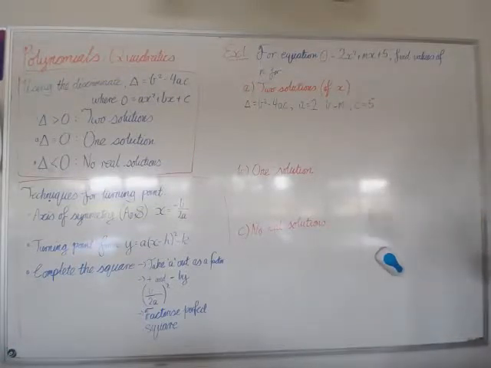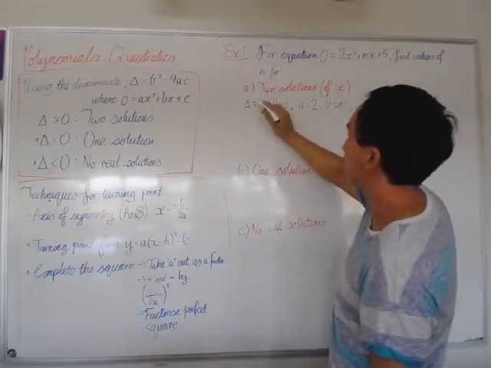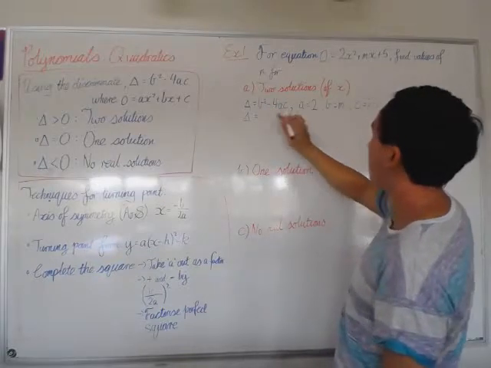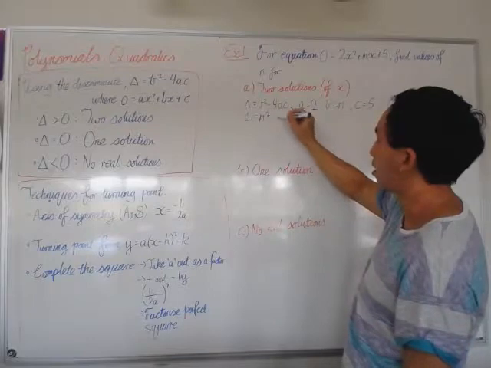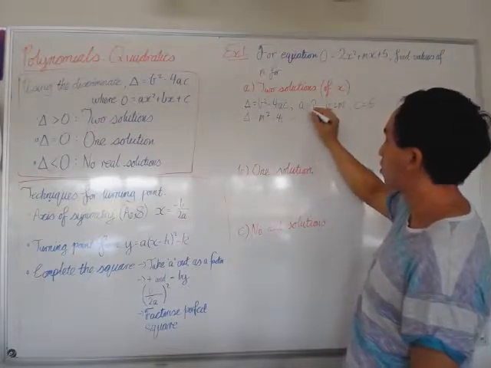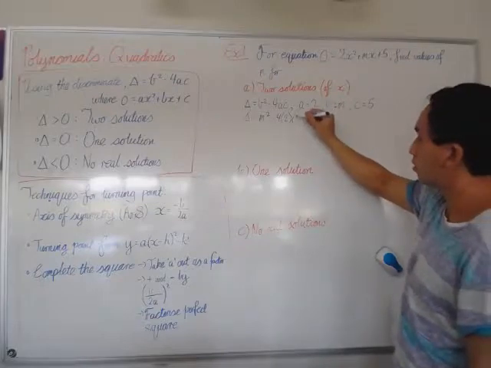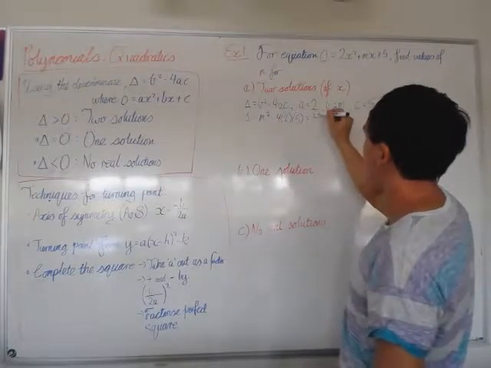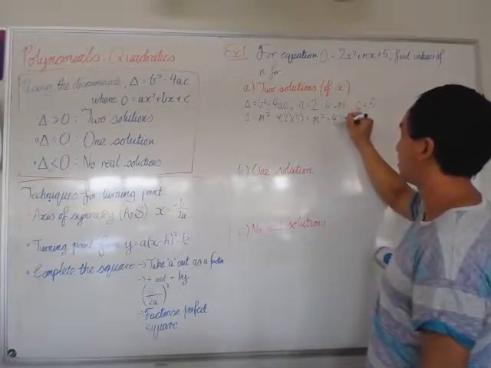Okay, so we know all of this, and we can calculate what the discriminant is equal to. So we have b squared, m squared, minus 4, where a is 2 and c is 5. So this is equal to m squared minus 40.